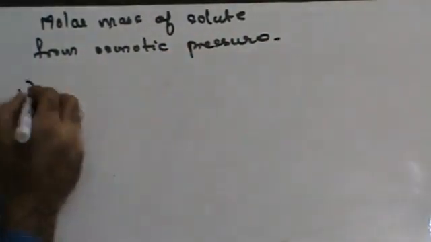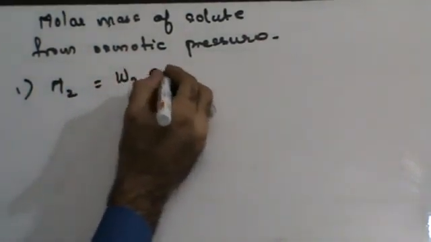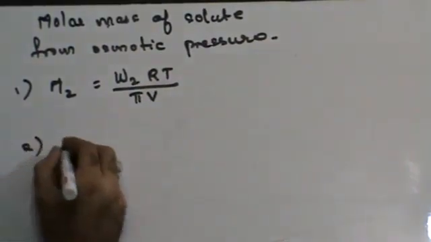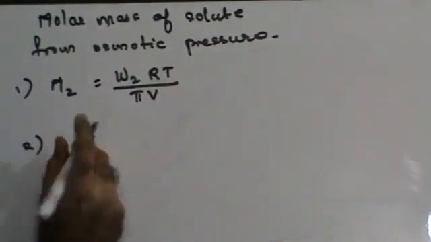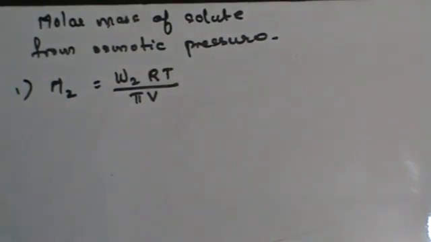Right? First formula, M2 is equal to W2 RT upon pi V. That's the only one formula that I need to use here. Right? Take down the sum, please.